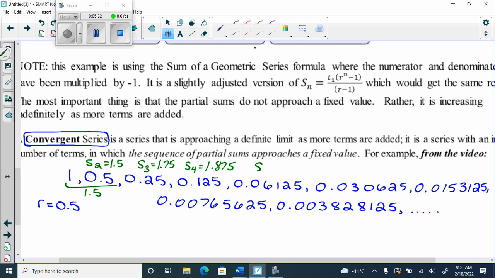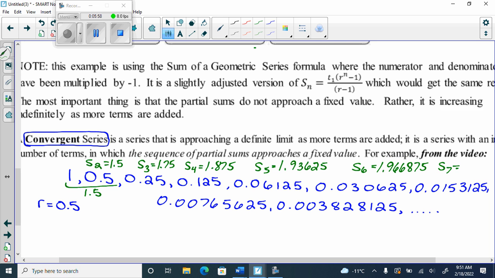And then S5? 1.9375. Then S6, 1.96875. S7, am I really changing the number a lot at this point?